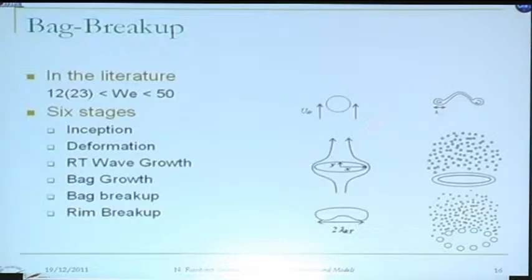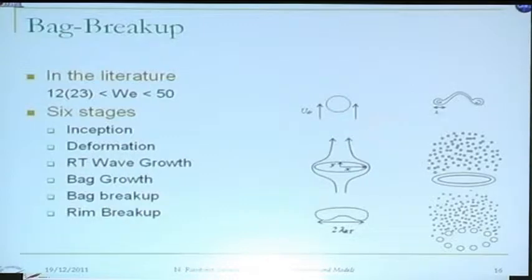If you look back at bag breakup, here I detail the six stages. First, you have a deformation. And with this deformation you have a very flat disk. A very flat disk is very different from this, where you have a linear oscillator, which is only valid for very small oscillation.